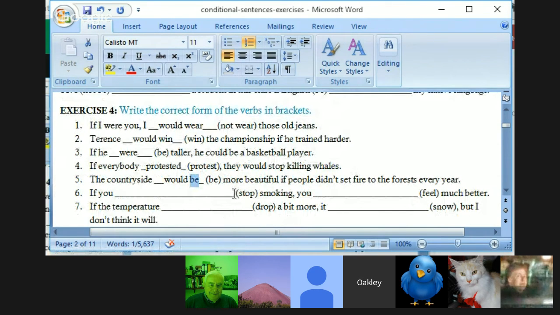All right. Let's try one more, and then we'll go on to that last tricky conditional number 3. All right. Nader, if you blank smoking, stopped. If you stop smoking, you will feel much better. All right. Very good. Or if you stopped smoking, you would feel much better. Nice. Thank you for the slashes.